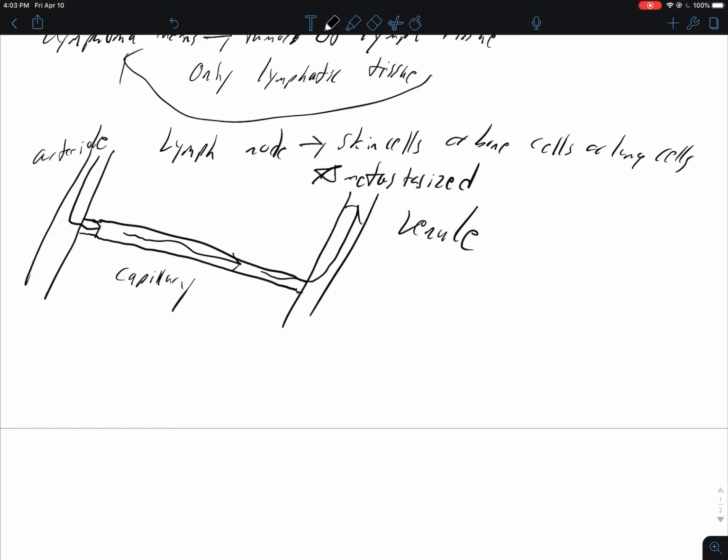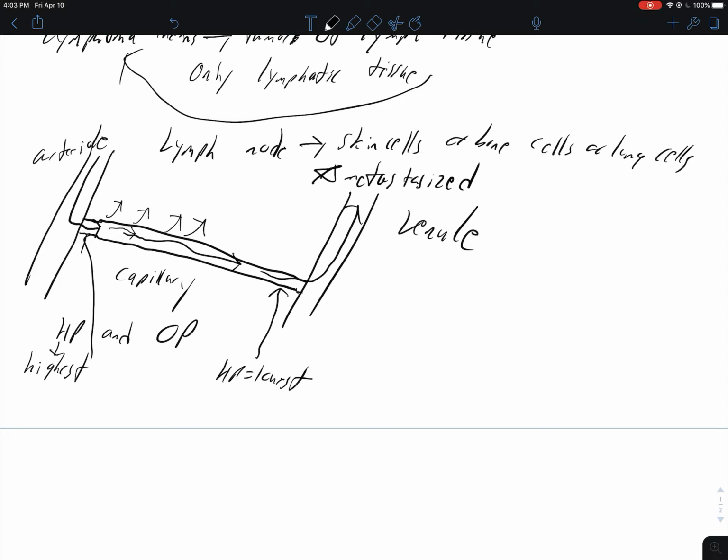So we need to think about both hydrostatic pressure and osmotic pressure. The hydrostatic pressure is like our blood pressure. Hydrostatic pressure is highest on the arterial side, and HP is lowest on the venule side, because as blood is going down this direction some fluid is leaving.